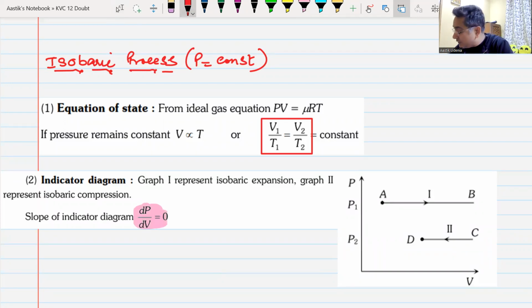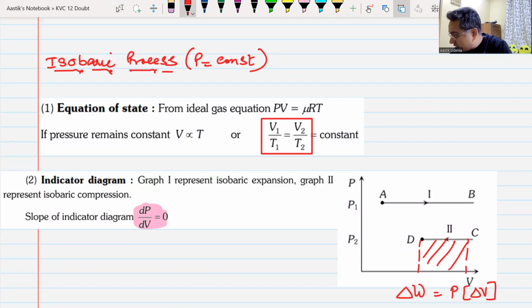You can very easily find out the area under this graph. The area under this graph will give you work done. Yes or no?